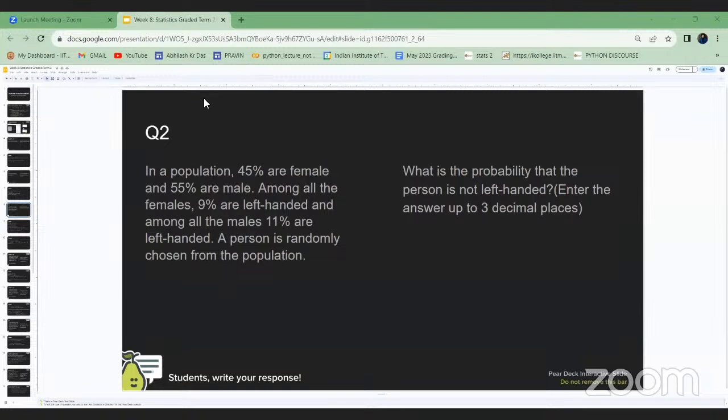Do you need more time? If any of you are still solving and need more time, or should we discuss? We can discuss it. Okay, we should discuss then. Okay, so 0.89, 0.89. Okay, let me open my notebook. Wait.